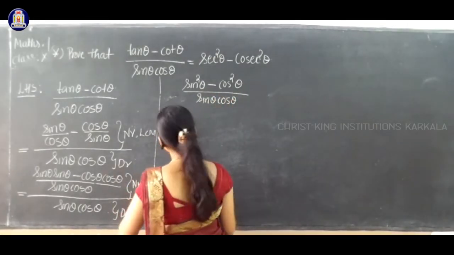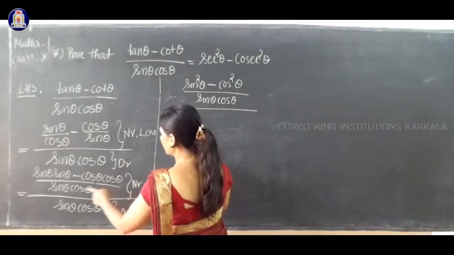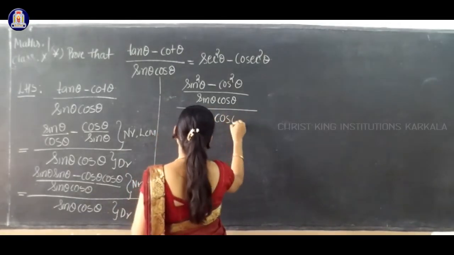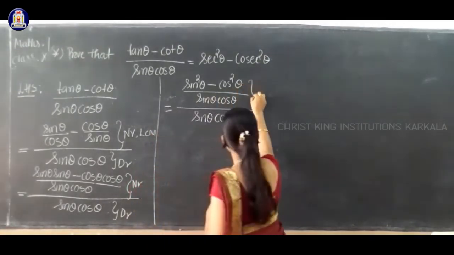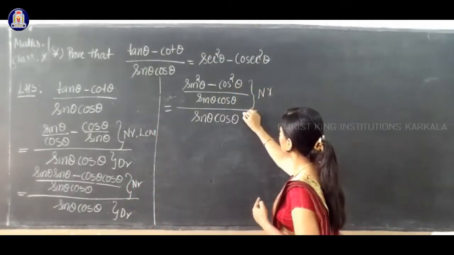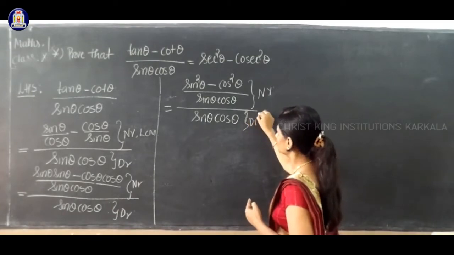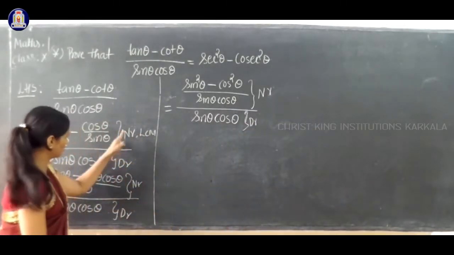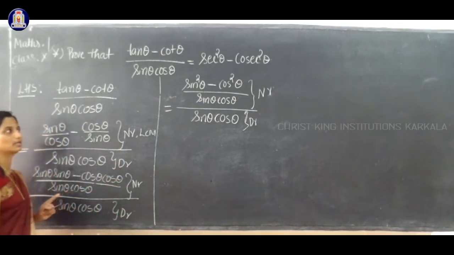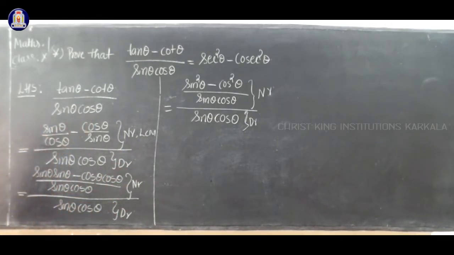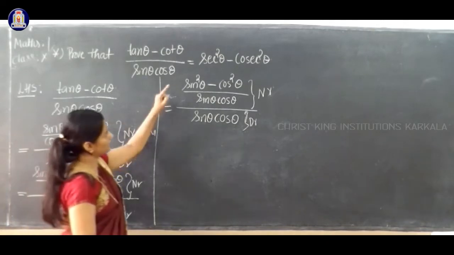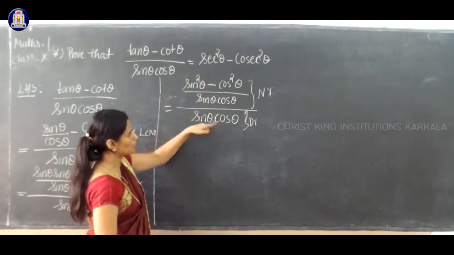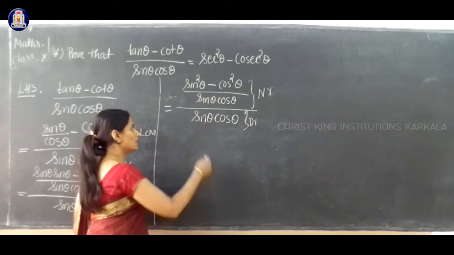Whole divided by, the denominator is sin theta into cos theta. So don't get confused. This is the numerator and this is the denominator. That's why in every step I'm writing which is your numerator and which is your denominator. In the numerator, again it is numerator by denominator, and in the denominator only the numerator part. So how to write this?